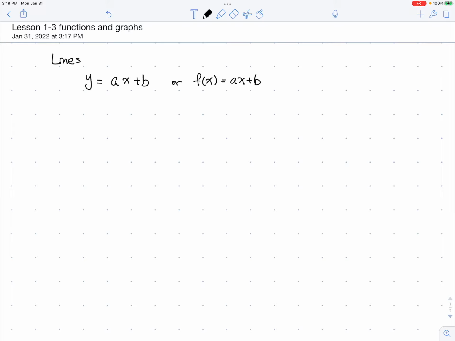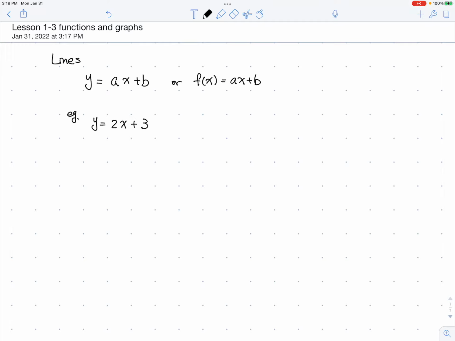Okay, how do I know that? You can just do test points and plug in, and then you will see they eventually give you a line. So example, y equals 2x plus 3.